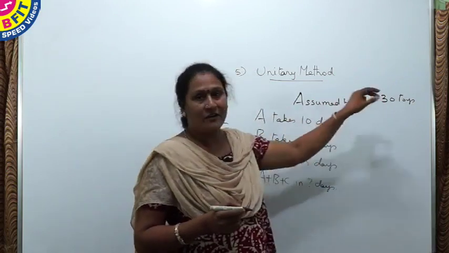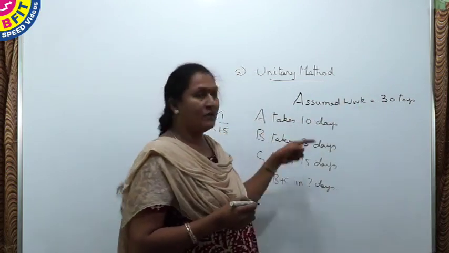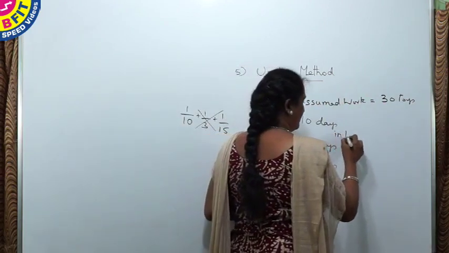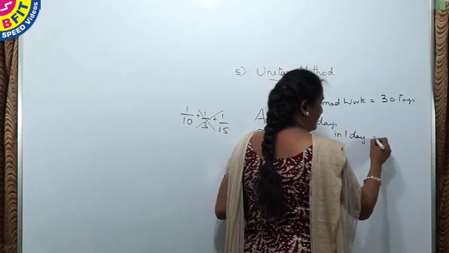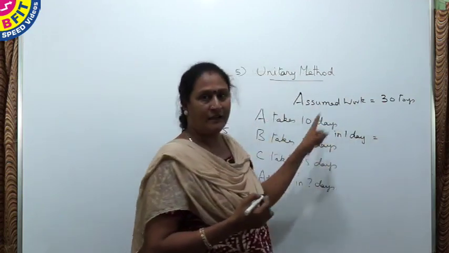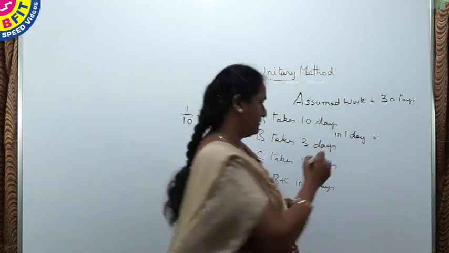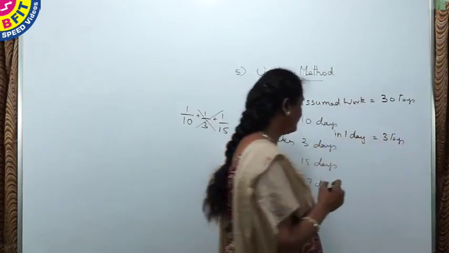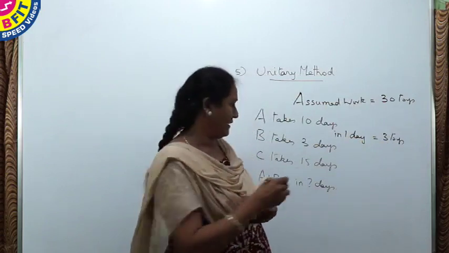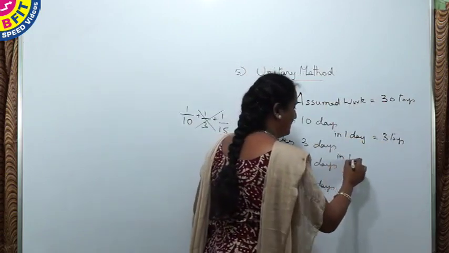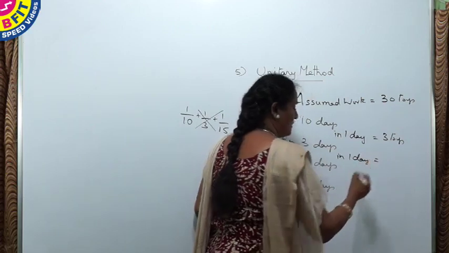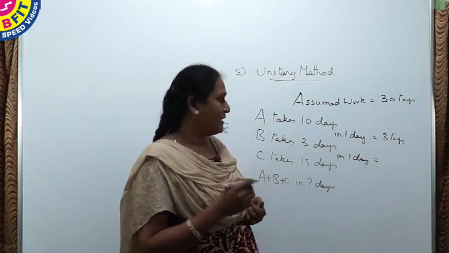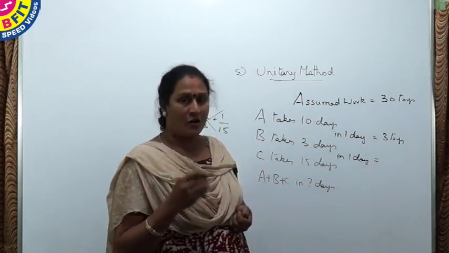So if total work is 30 and if A can do the work in 10 days, in one day A can do 30 divided by 10, 3 toys. So in the same way proceeding, if B can do the work in 3 days, 30 divided by 3, he is doing at the rate of 10 toys per day.